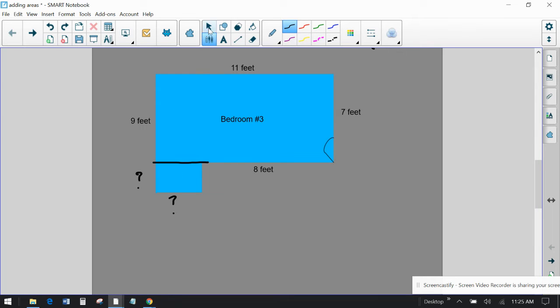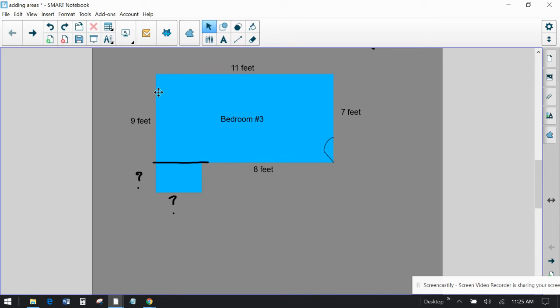We need to use the information that's given to solve for the dimensions of the closet before we can solve for the big picture. We already know we could solve for the main part of the bedroom, 7 times 11, that's 77. But how do we find out this length of the closet wall and this width of the closet wall? And the trick is use opposite sides.